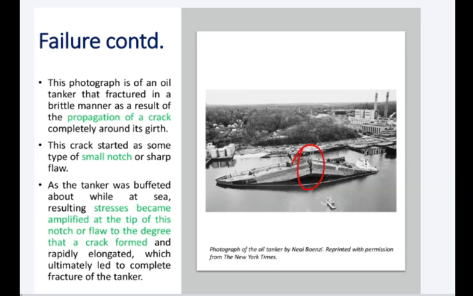When the tanker was bobbing about in the sea, the stresses became amplified at the tip of the notch, and that made it fail. The whole tanker was separated into two pieces, and it was brittle. We will study today what brittle fracture and ductile fracture are.